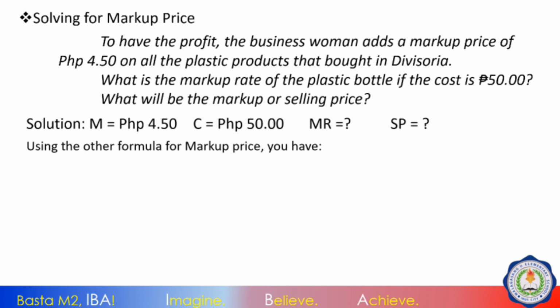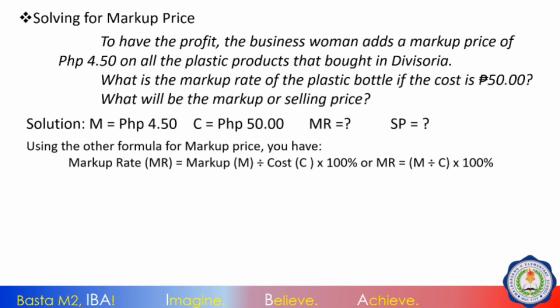Using the other formula for markup price, you have markup rate is equals to markup divided by cost times 100%, or MR is equals to M divided by C multiplied by 100%.